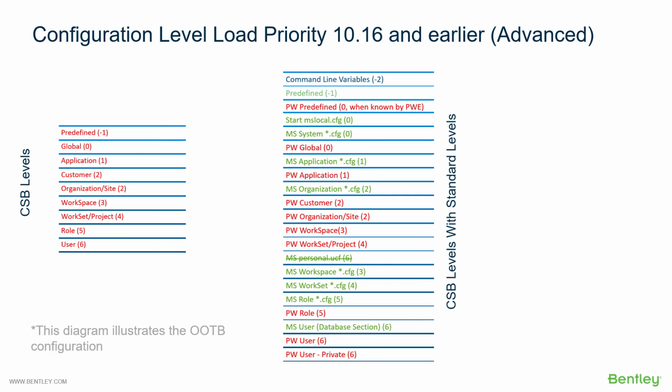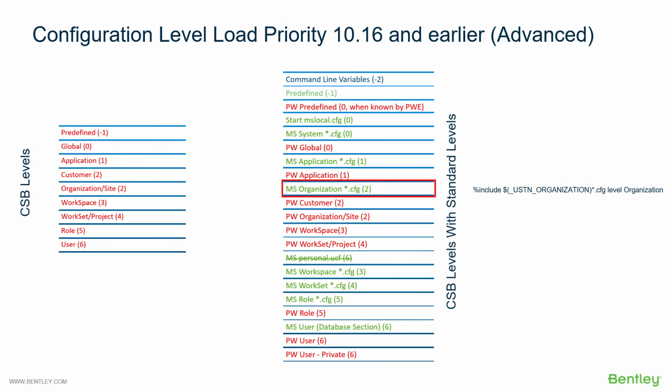with the out-of-the-box configuration. First, ProjectWise Explorer reads the command line switches, then gathers predefined variables out of the application. It then inserts the predefined CSBs. When the process finds the application level, it inserts the global level CSBs.